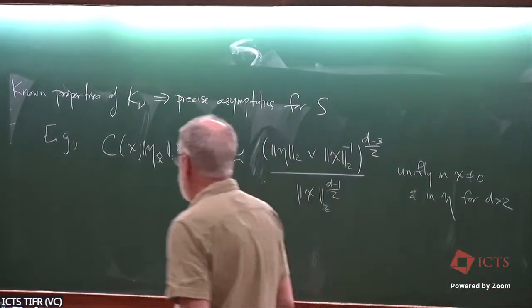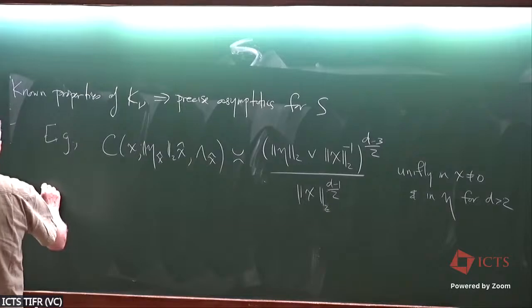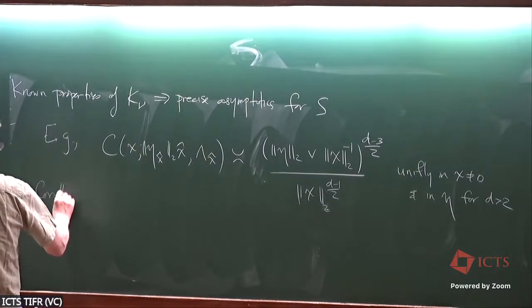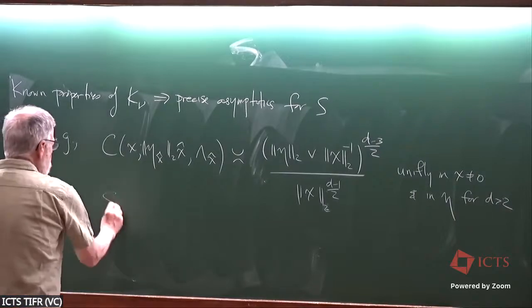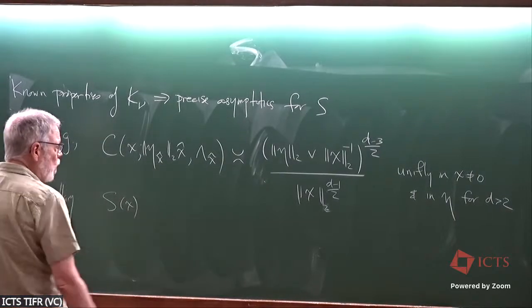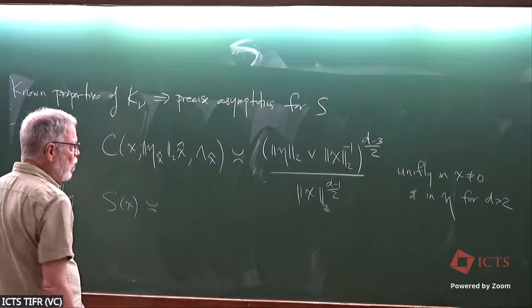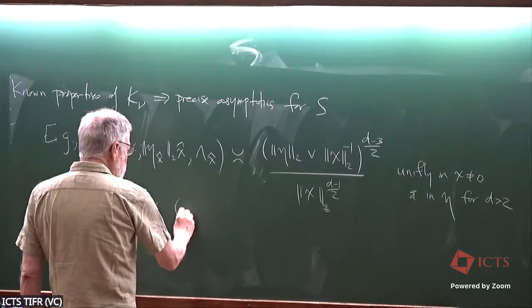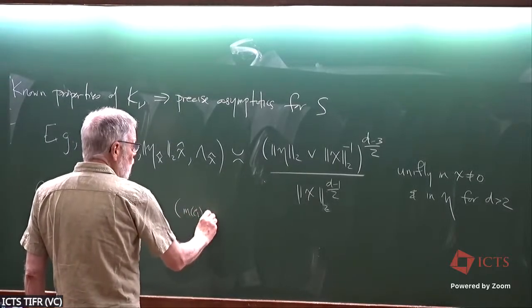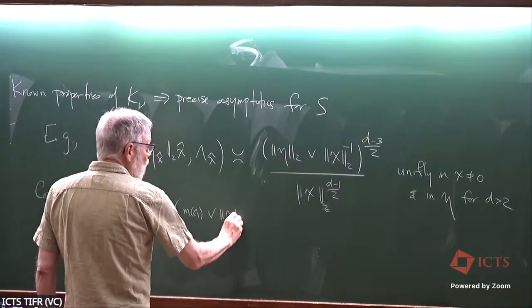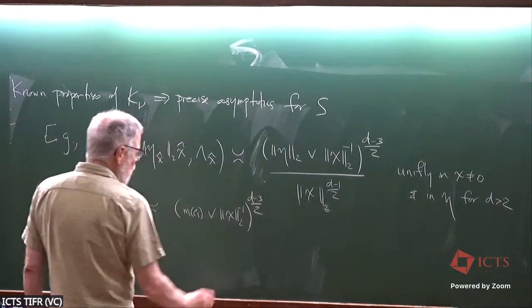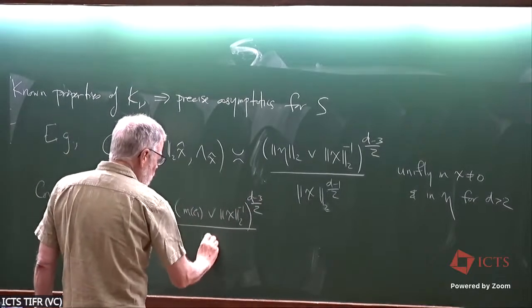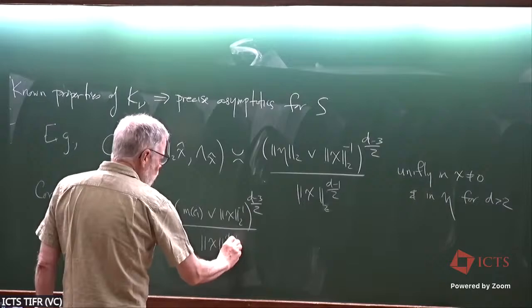So as a corollary, S of x is going to be bounded above and below by the mass, or that divided by x to the (d−1)/2.